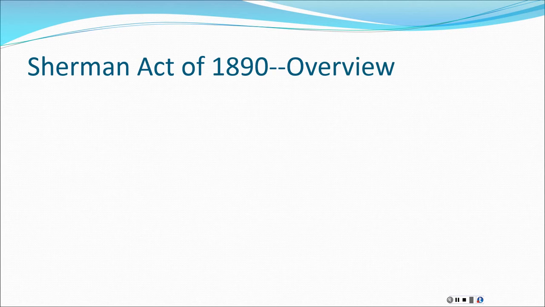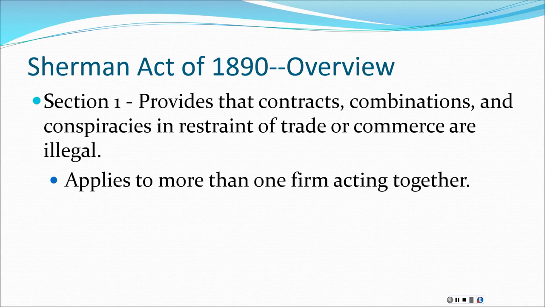First, an overview of the Sherman Act of 1890. There are two major provisions, Section 1 and Section 2, and this lecture will cover both of those provisions. Section 1 provides that contracts, combinations, and conspiracies in restraint of trade or commerce are illegal.